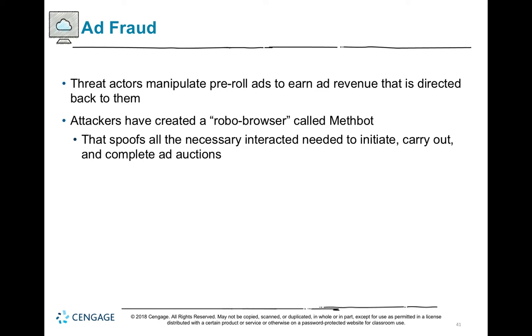All right, ad fraud is threat actors manipulating pre-roll ads. A pre-roll ad is what you see if you go to YouTube and you don't pay the subscription: you have to watch advertisements before your video every so often. There is an auction that happens in milliseconds over which advertisement you're going to see.